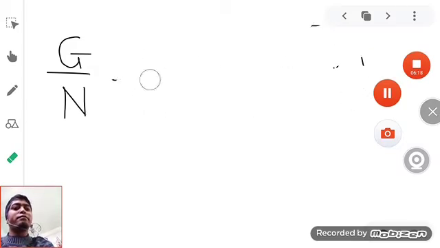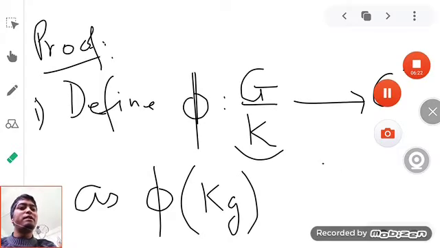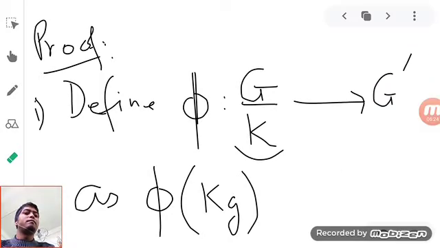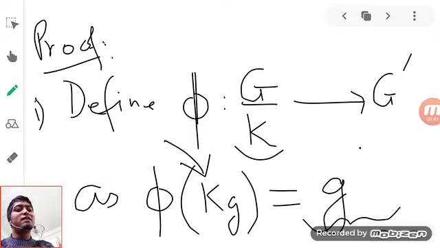Now where will we make this element land up in? We need to make this element land up in G dash. So what I will write over here, this element, it should be sure that it will be an element of G dash, and it should somehow depend on this Kg. I cannot just write G dash over here because this is too arbitrary.